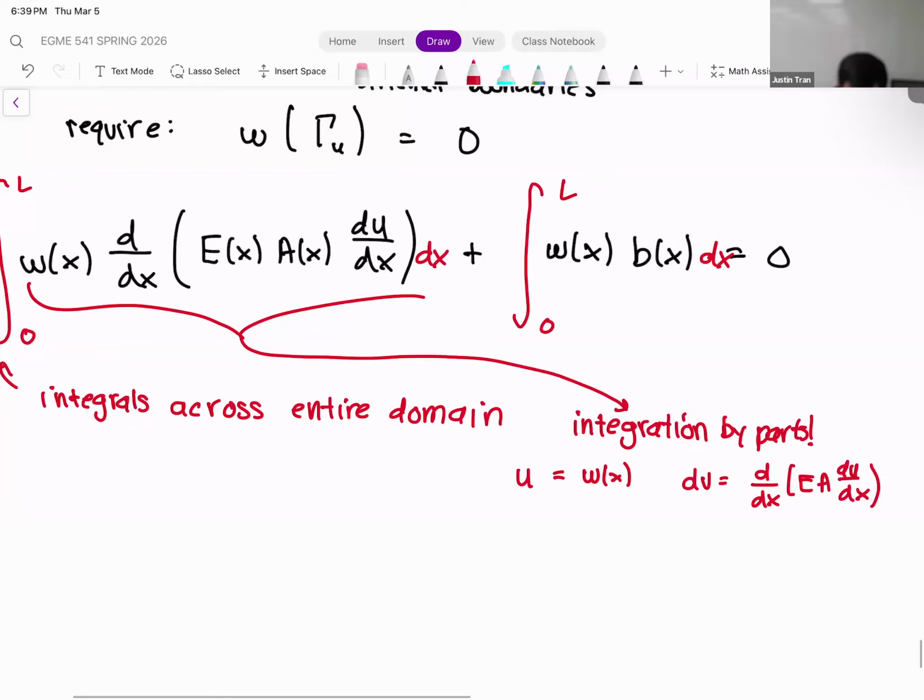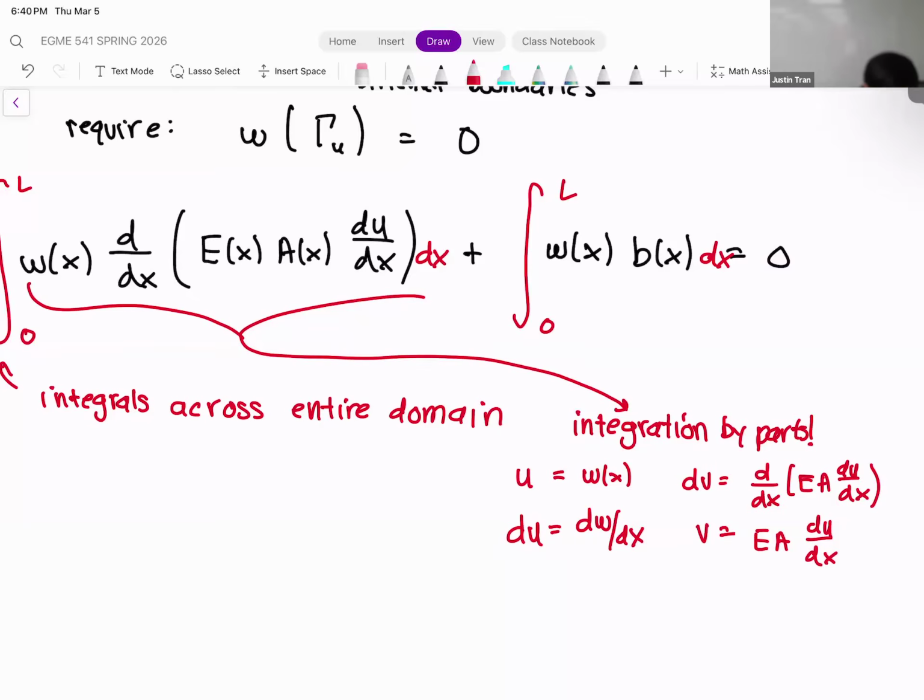Then what we do from there is take the derivative of our u part. So we take the derivative of w of x, we get dw dx. For what we selected as dv, we take the antiderivative of that, which just cancels out our derivative there. So this is going to be E times A du dx.